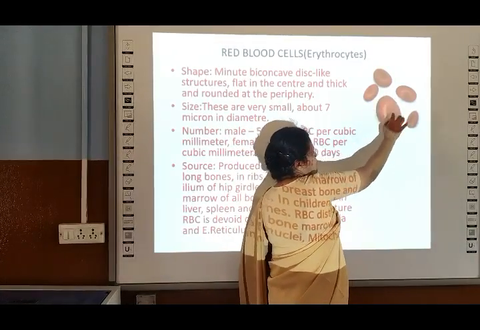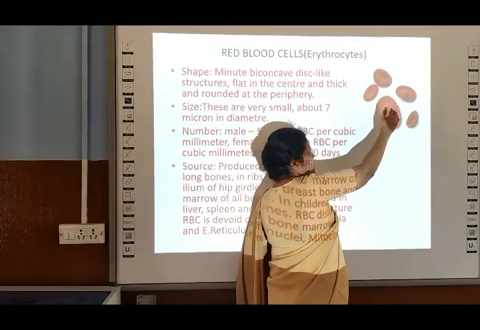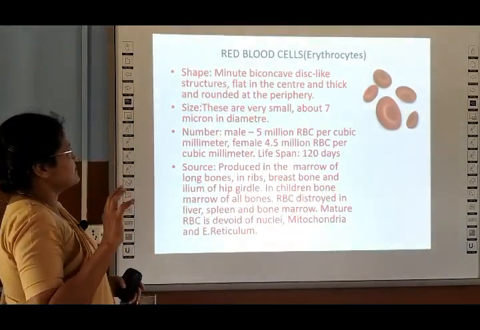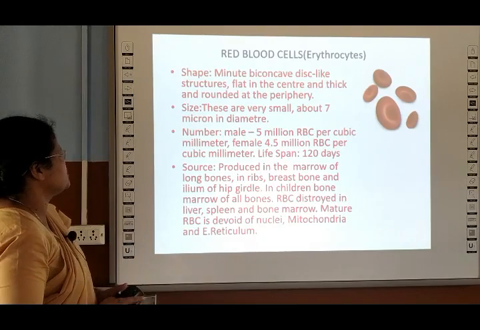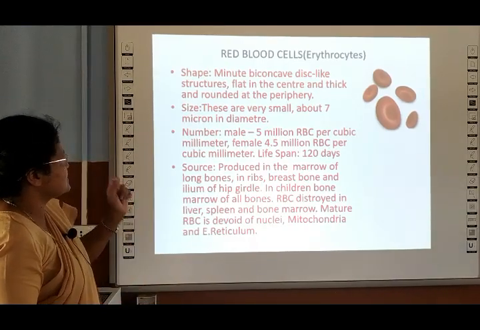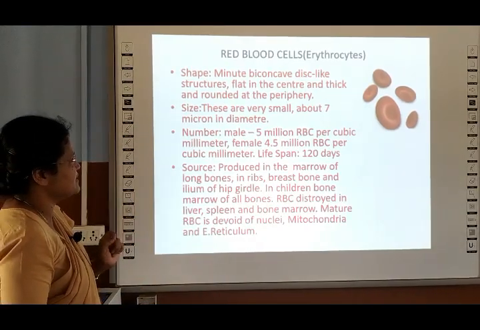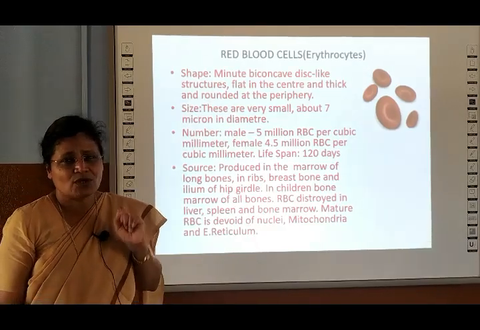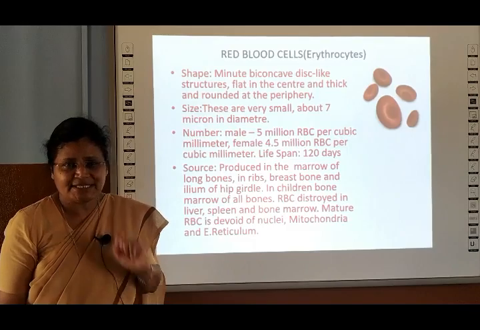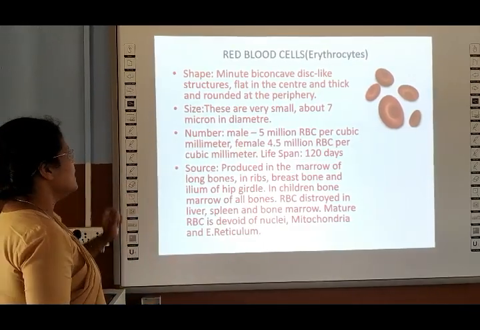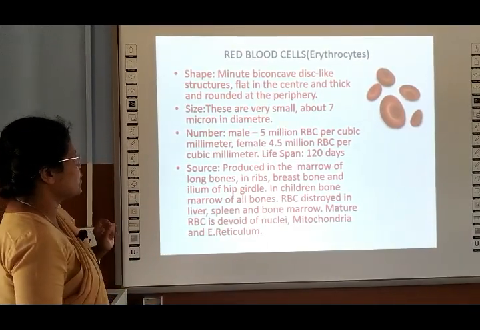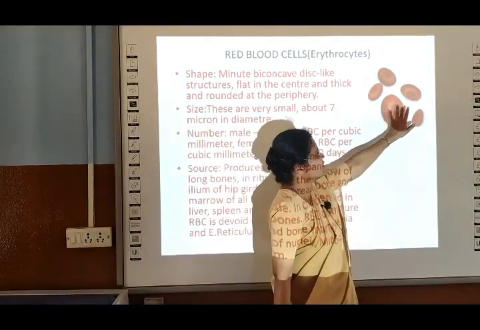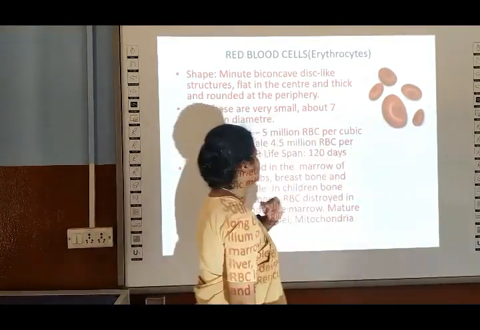Outside it's thick and round, in the middle it's flat. The size is 7 micron in diameter. 1 micron is equal to 1 by 1000 of a millimeter. So they are very small, 7 micron in diameter. Imagine how small it is.